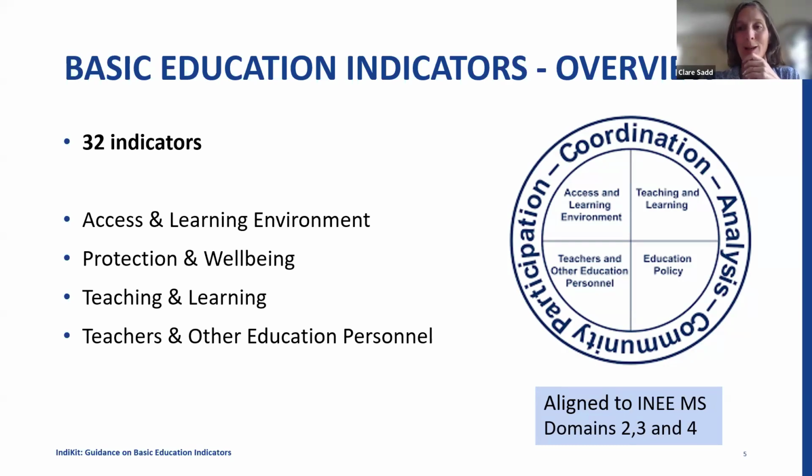So we're very open to developing some indicators and guidance around education policy, but we didn't prioritize it in this first round. So hopefully we'll be adding those in the future, and would welcome anyone's collaboration on trying to do that.